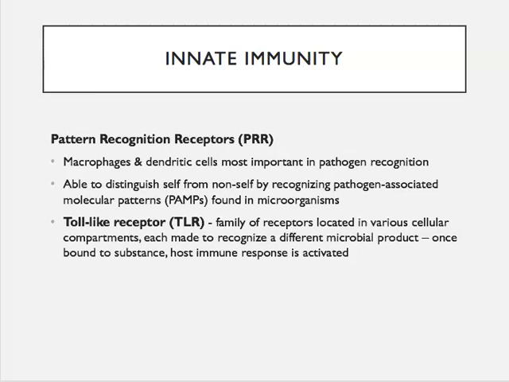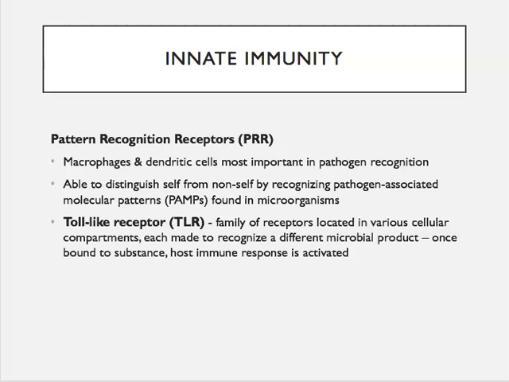Okay, and then with innate immunity, if the microorganisms or that foreign pathogen is able to get beyond the external defense system, we've got additional defenses in place to help mitigate that.